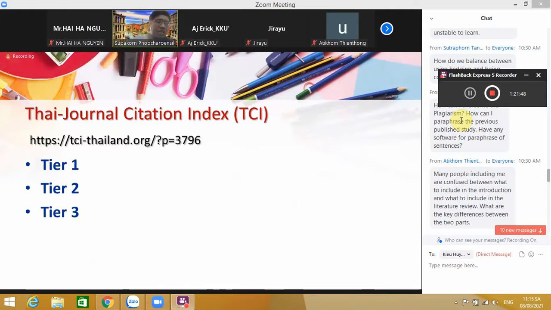It's accepted in Thailand. There are 3 tiers according to the Thai Journal Citation Index, or TCI. Tier 1 is the best, followed by tier 2, and tier 3 is something that maybe is not of very good quality, or maybe they are new and improving their quality to get accepted in higher tiers, right?